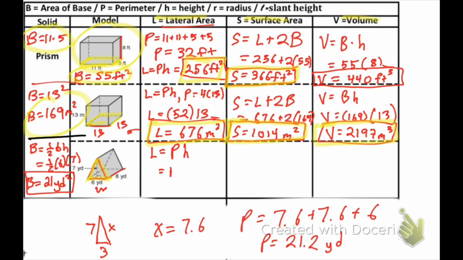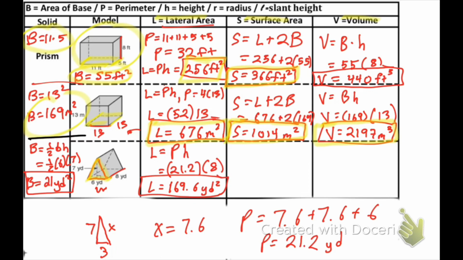So I get 21.2 times the height of 8. So my lateral area is equal to 169.6 yards squared. Let me double check that really quick.